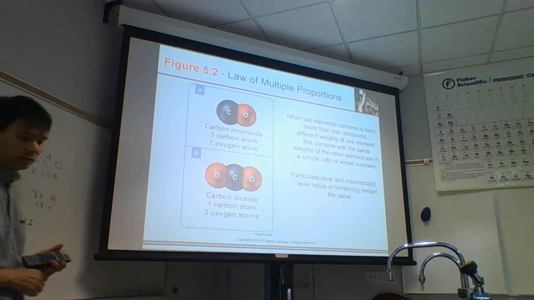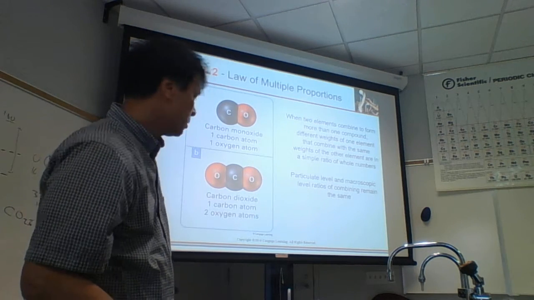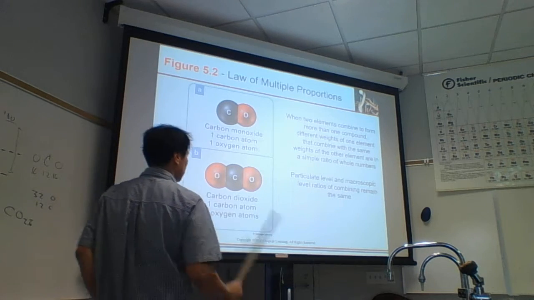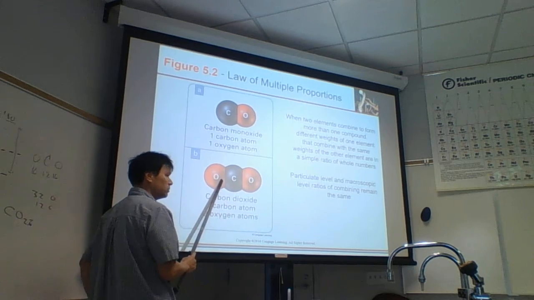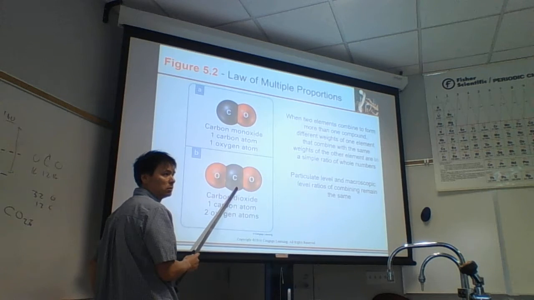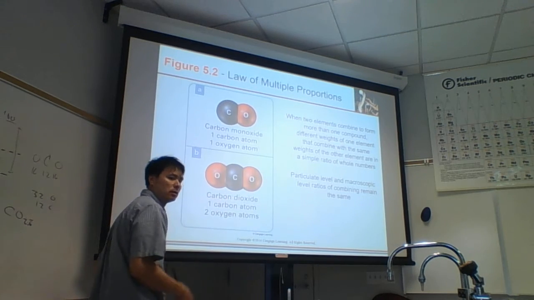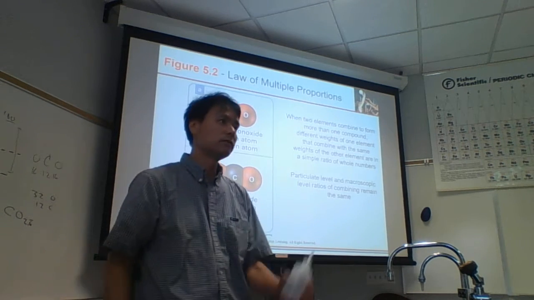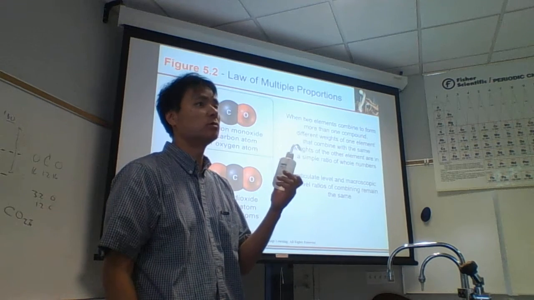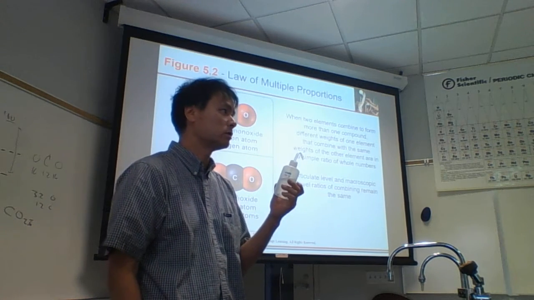which looks funny. When we visualize molecules like this, we visualize atom ratios, not mass ratios, because mass ratios are weird. When we visualize water, we visualize atom ratios, H2O, not mass ratios.